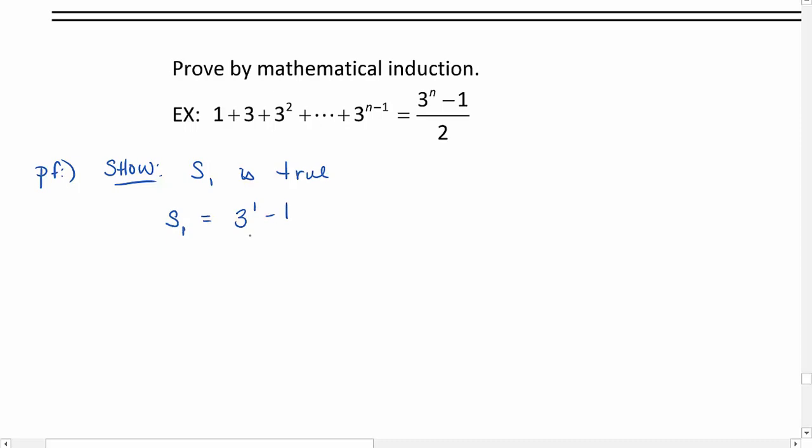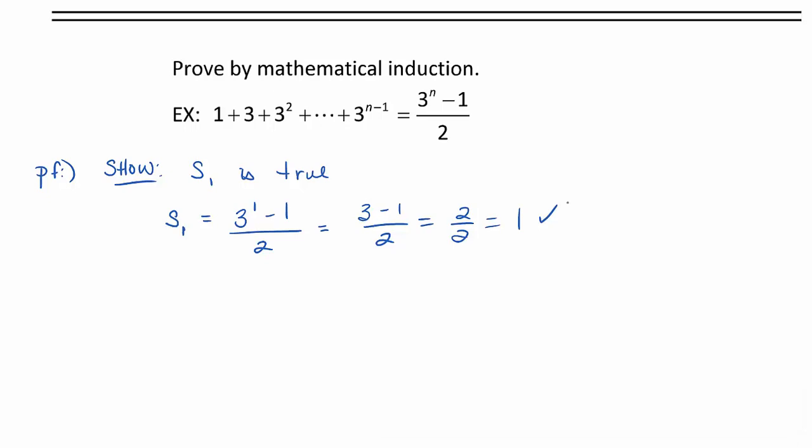Three to the first minus 1 over 2 is going to be (3 minus 1) over 2, which is indeed equal to 1. If that wasn't true, we'd just stop right there and state that this could not be proved by mathematical induction.